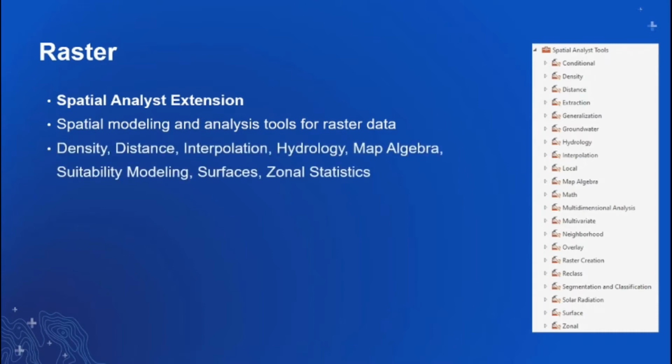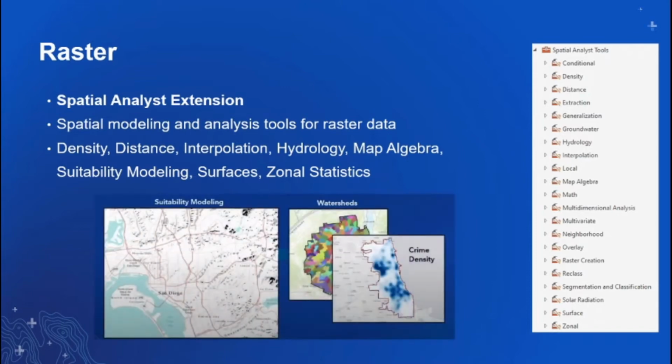And which tools can we find within this particular tool set? It's basically things like distance, density, interpolation, hydrology, and suitability modeling, trying to find out which is the best location for a particular facility, or using raster data to combine multiple sources of information to find the best region that satisfies a particular requirement.